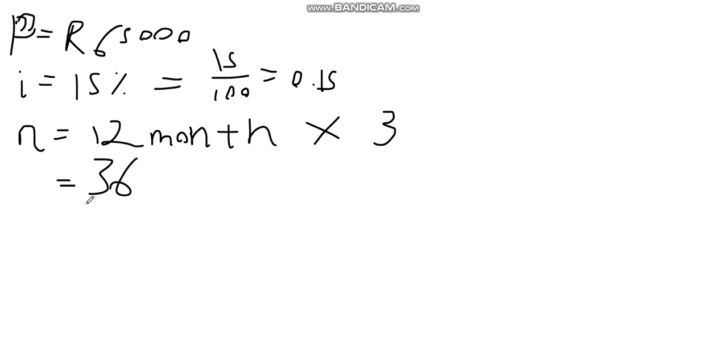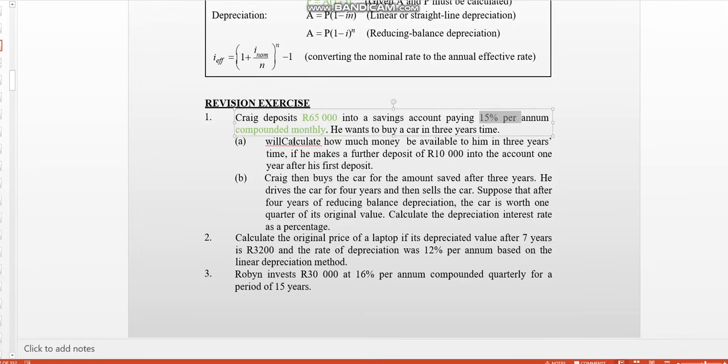Okay, and then let's calculate how much he would have after 3 years. So we want the A basically here, the accumulated amount. Because they use the word compounded, it means we are supposed to use the compound formula.